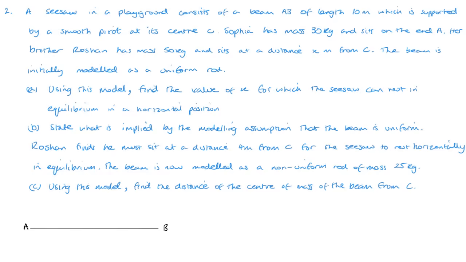It's supported by a smooth pivot at its center, so that'll be like C. Sophia has a mass of 30 kilograms and sits on the end A. So Sophia sits here and she has a mass of 30 kilograms.